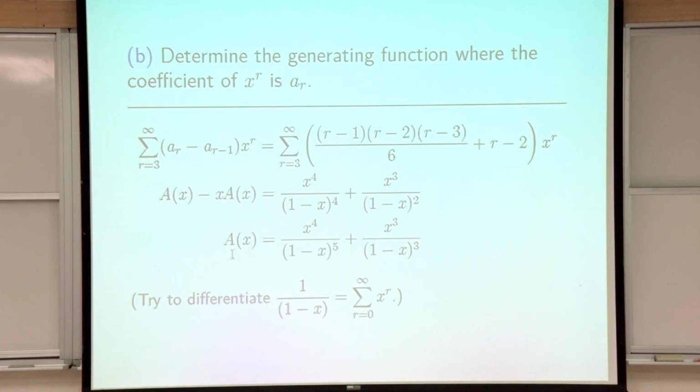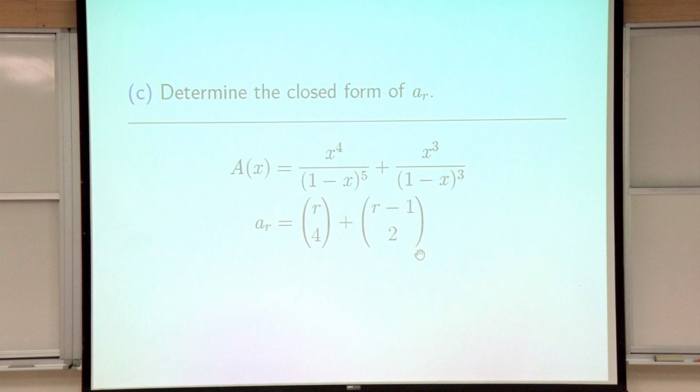And finally, we get A(x) equal to this generating function, where here we have (1 minus x) to the power 5 and (1 minus x) to the power 3. And after we get the generating function, we can get the closed form of a_r.